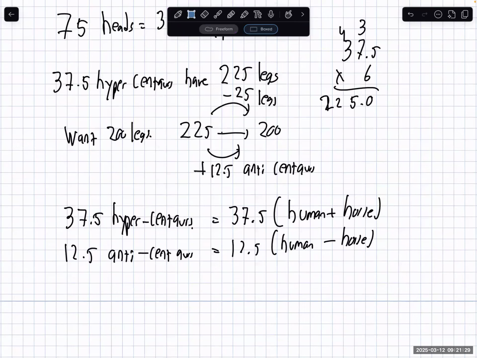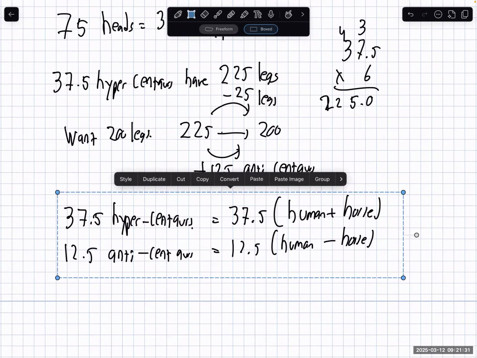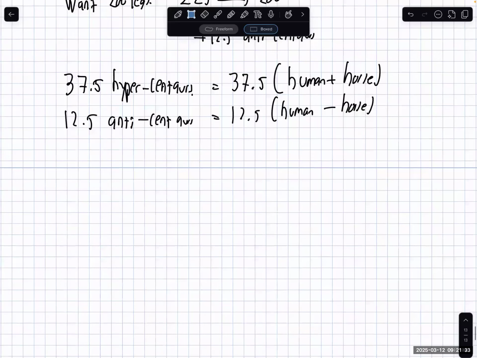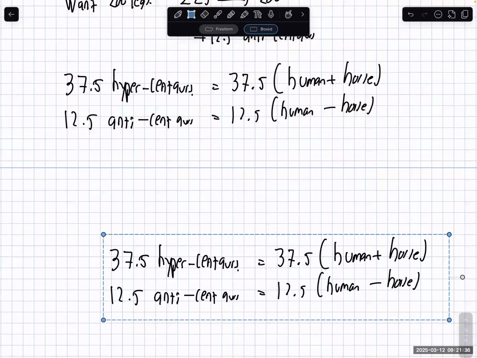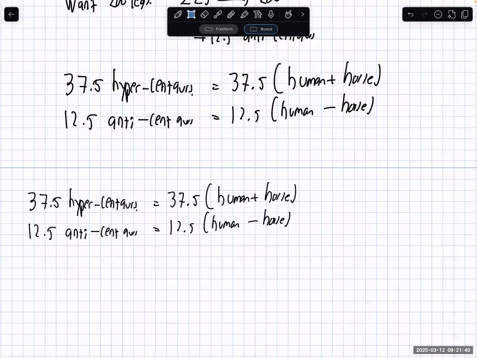So it's 37.5 human plus horses and 12.5 human minus horses.